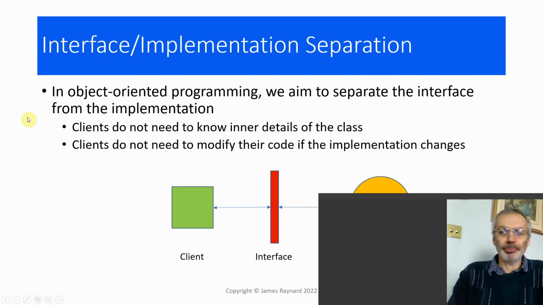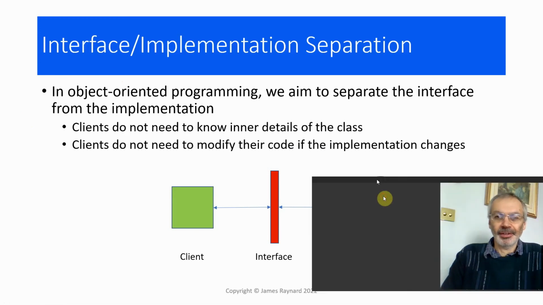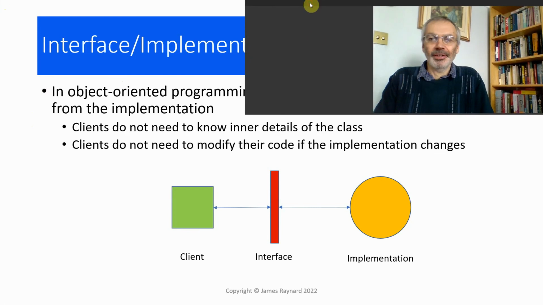When we're writing object-oriented programs, one of the things we should do is to have a clear separation between the interface to a class and its implementation details. So ideally we have something like this. We have our class with its interface and implementation, and we have some code which interacts with an object of this class.